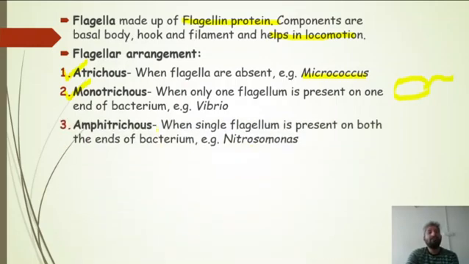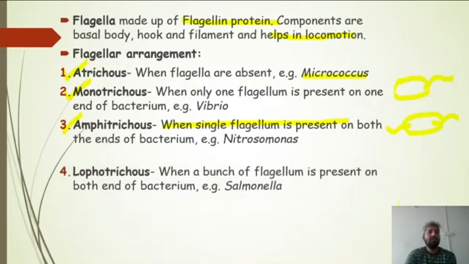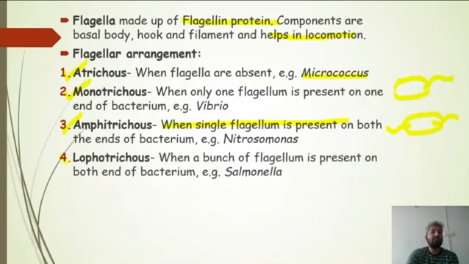For example, Vibrio. Now amphi means both sides. So when a single flagellum is present at both ends of the bacteria, like this, it is the amphitrichous condition. Next is lopho. Lopho means a tuft. So what happens?